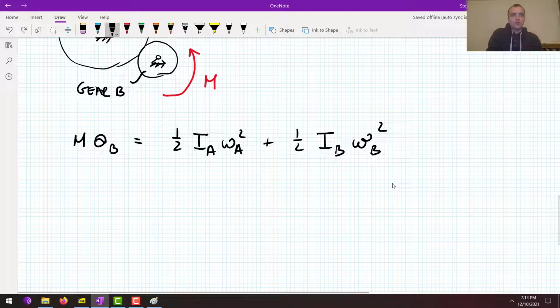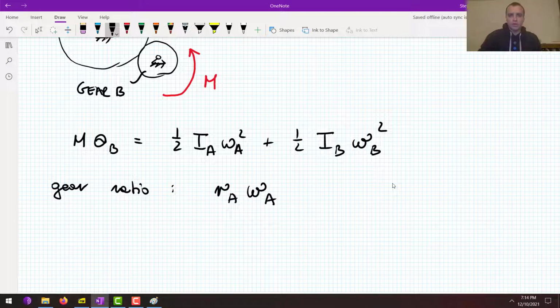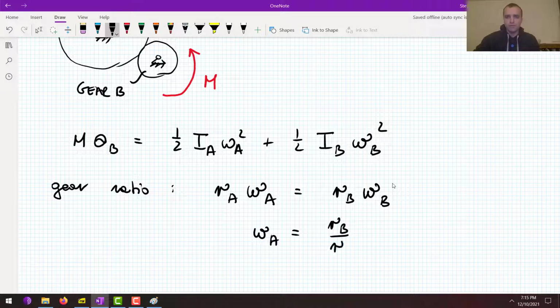This will be just a gear ratio. We can always write RA omega A is equal to RB omega B. We know what omega B is, so let's express omega A in terms of omega B: RB divided by RA times omega B.